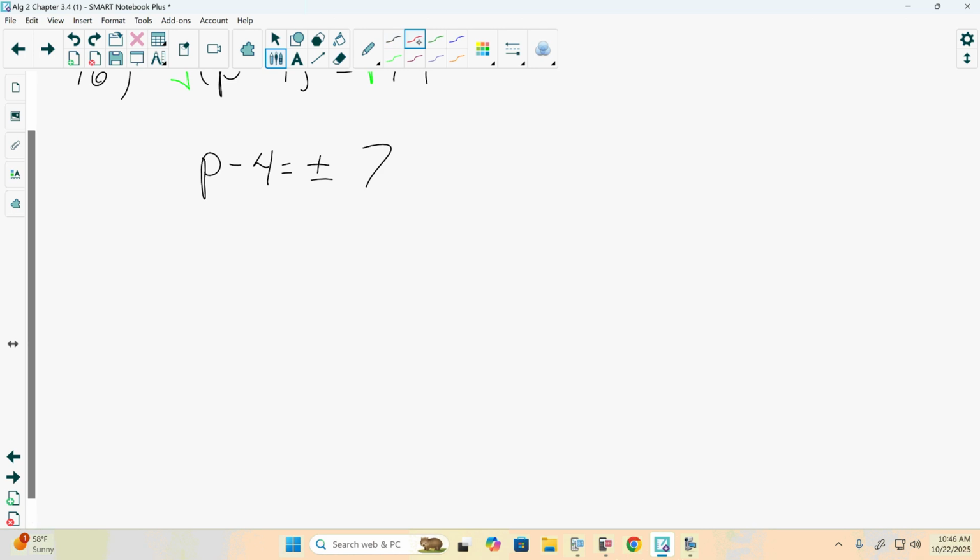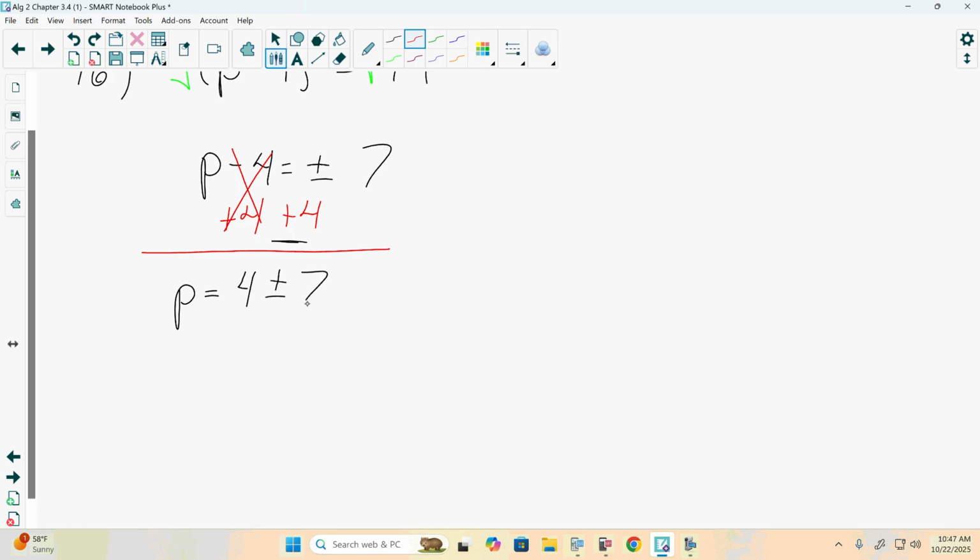At this point here, we can solve for the variable. We can solve for the value p. And to do that, we would add 4 to both sides, because our negative 4 plus 4 would be 0, leaving us with p. And whenever we add or subtract this number, we're always going to put it in front of the plus or minus. So we're going to have positive 4 plus or minus 7.